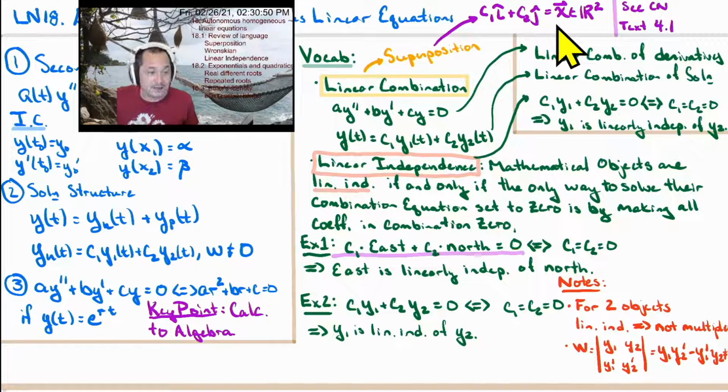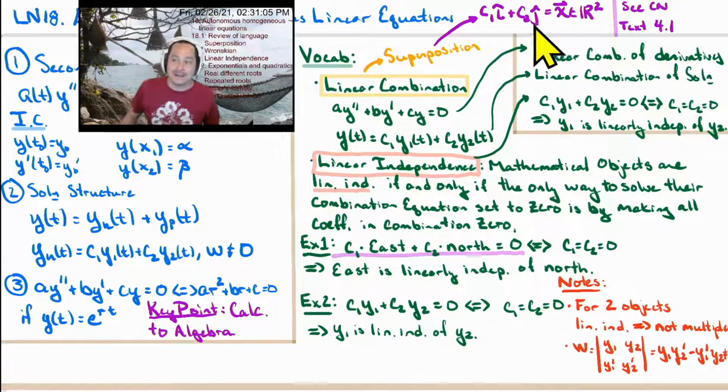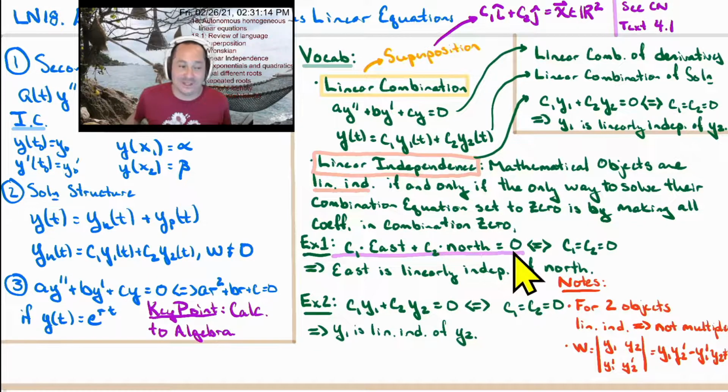At the end of the day, when you get done with your movements, your travels, where are you at? You're at the origin. So then the question comes up, how far should you go east or west, and how far should you go north in order to arrive at the origin of the plane? You should go none much east and none much north, right?